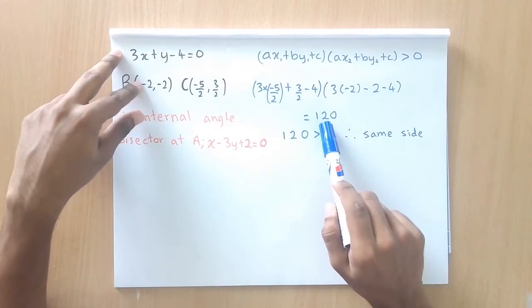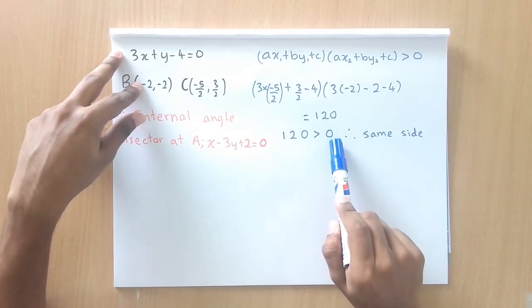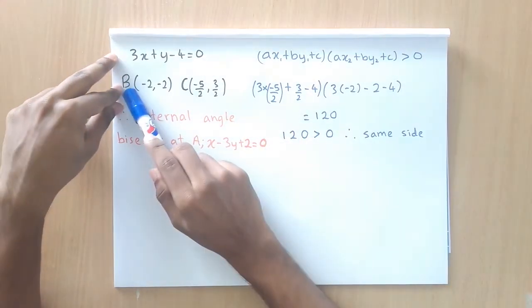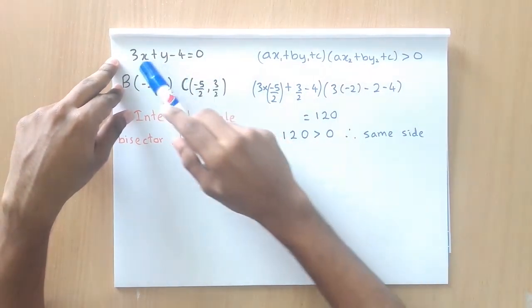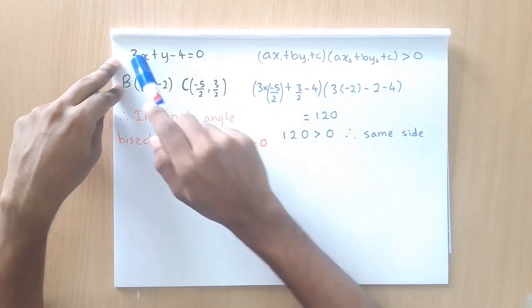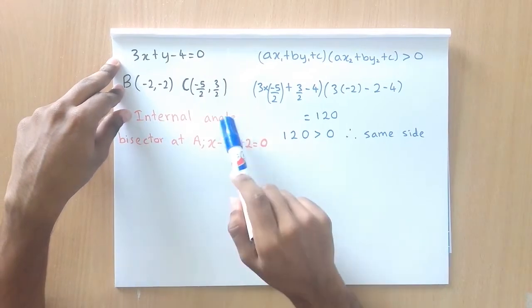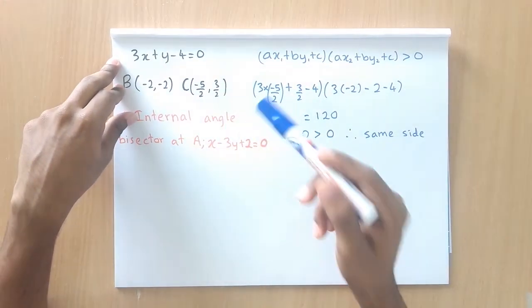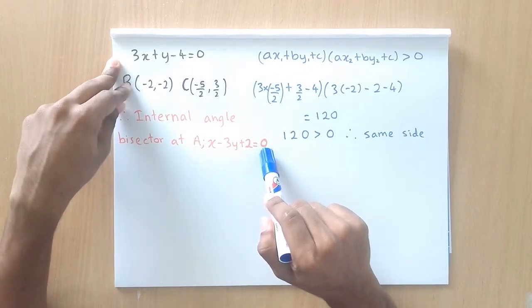So this will give us 120. Now 120 is greater than 0. Therefore, the 2 points B and C are located on the same side of the straight line. So that means this is the external angle bisector. Therefore, the internal angle bisector will be the other bisector, x minus 3y plus 2 equals 0.